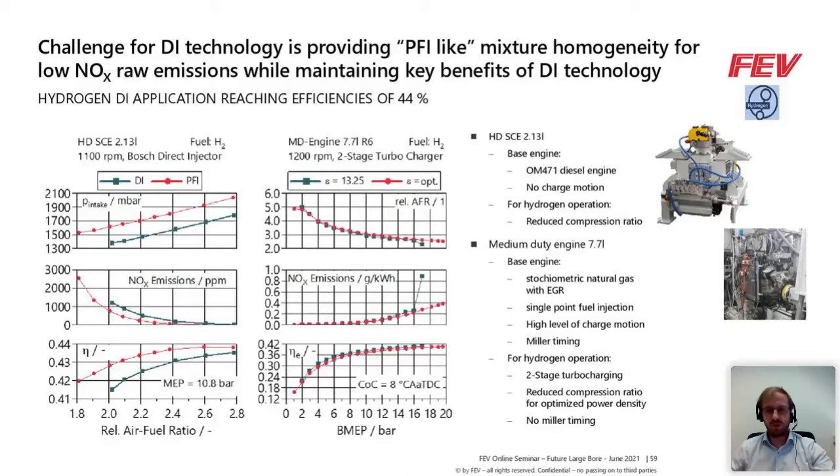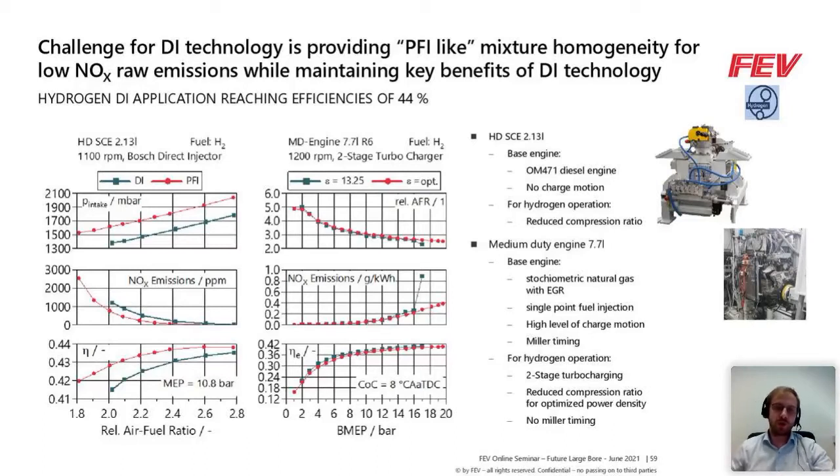Both engines were operated with cam timings that are optimized for cylinder filling. And starting with the heavy duty single cylinder engine results on the left side, we have a direct comparison between a direct injection and a port fuel injection concept. And the first thing we can see here, quite obvious, we have a much lower boost demand, of course, with the DI where we've injected after intake valve close.